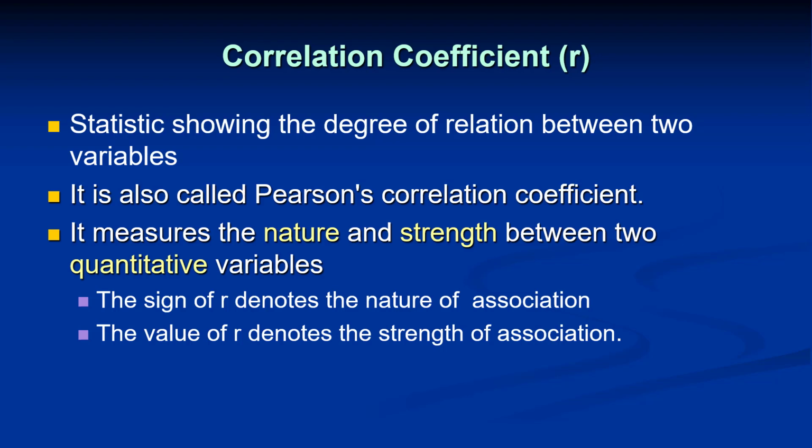If R is negative, then as one variable increases, the other tends to decrease. A perfect linear relationship occurs when R is equal to -1 or +1. It means that one of the variables can be perfectly explained by a linear function of the other.